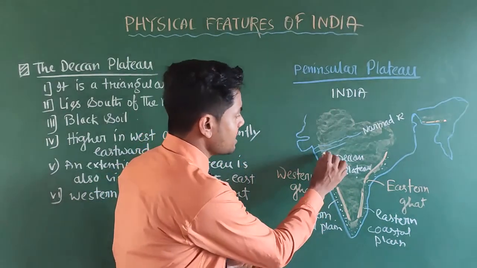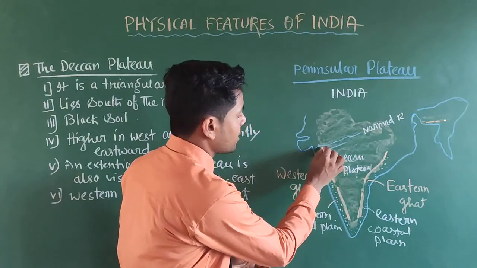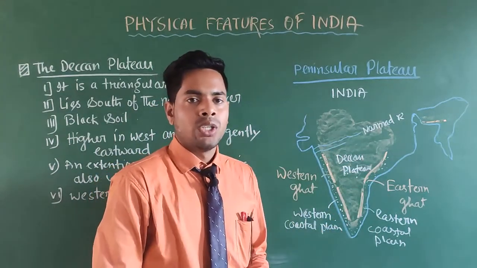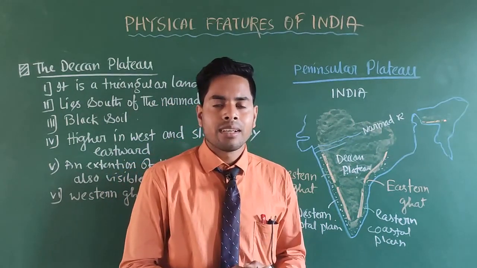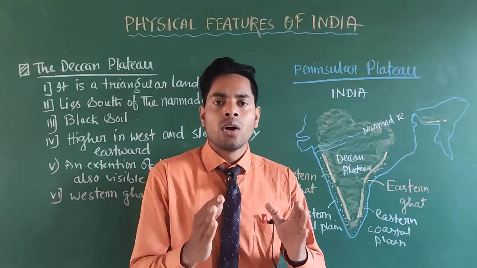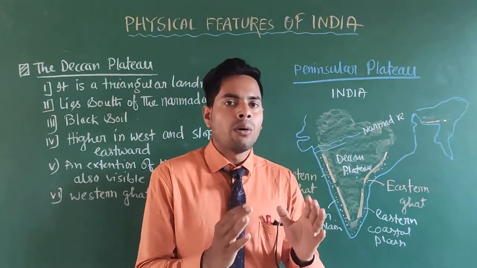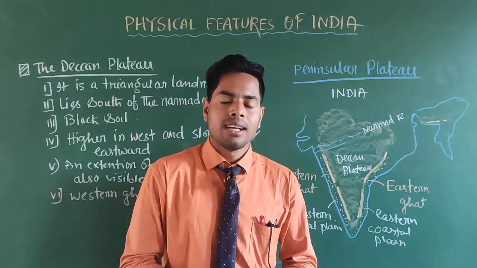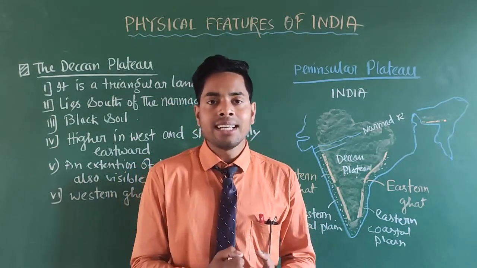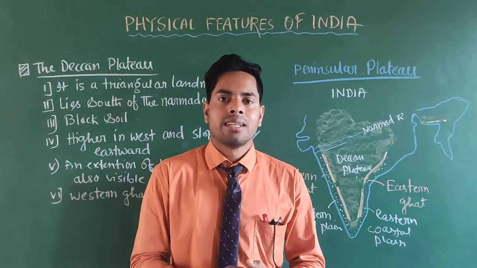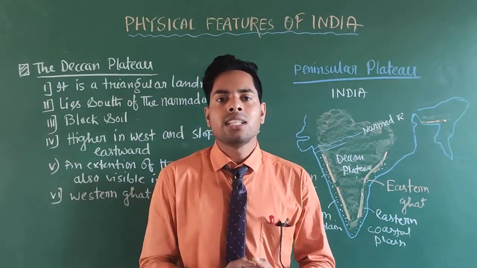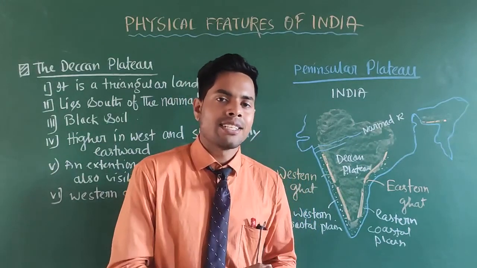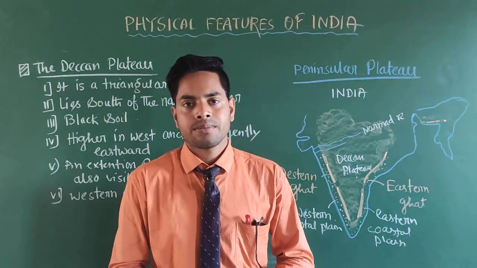First of all, this region is known as the Western Ghat and that region is known as the Eastern Ghat. The western edge of the Deccan Plateau is known as the Western Ghat, and the eastern edge of the Deccan Plateau is known as the Eastern Ghat mountain.